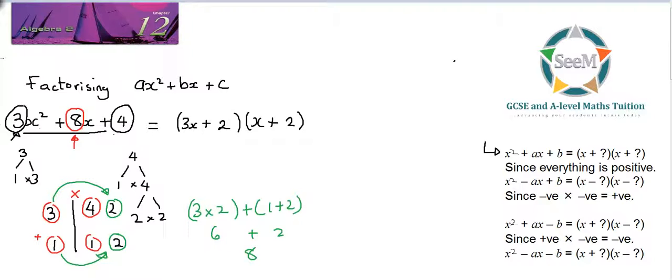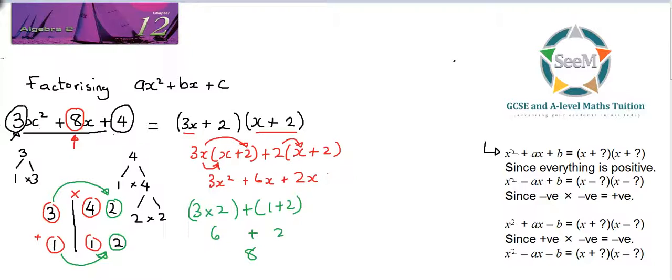Just to double check, let's do this expression here, 3x times x plus 2, which is the whole of that, plus this 2 here times x plus 2. x times 3x gives me 3x squared, plus 2 times 3x gives me 6x, plus 2 times x gives me plus 2x, plus 2 times 2 gives me 4.